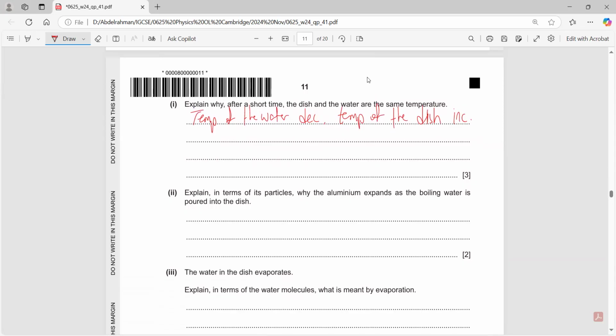They become the same temperature, so we need to say that they will eventually reach equilibrium. Why?